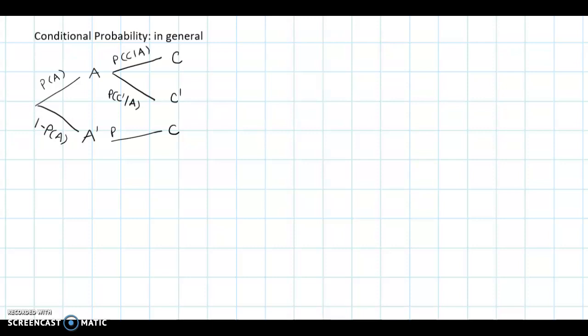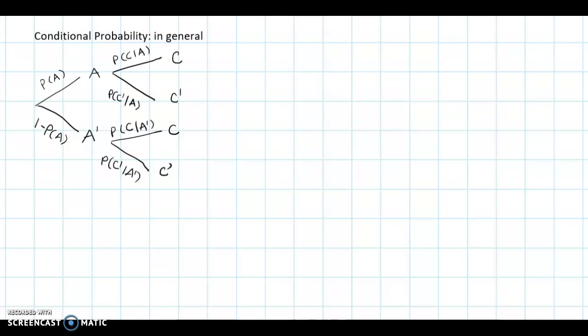So then we know that probability, the probability of C given that A prime occurs, and also C could not happen, so the probability of C prime given A prime.